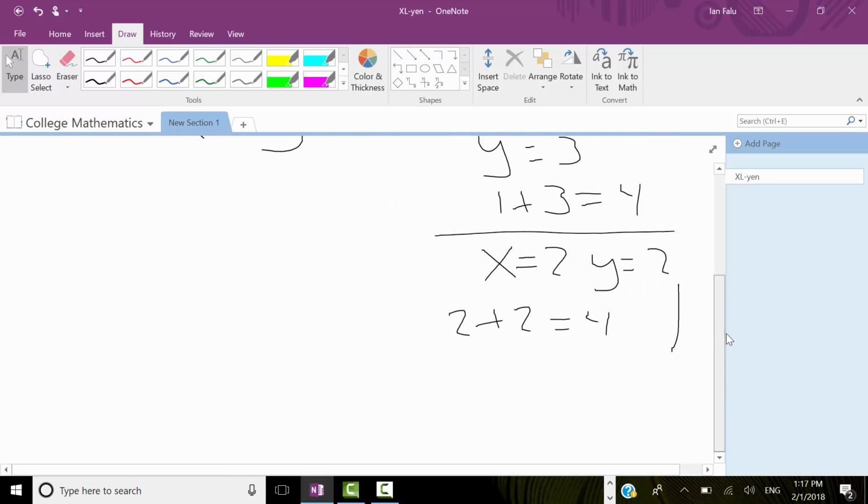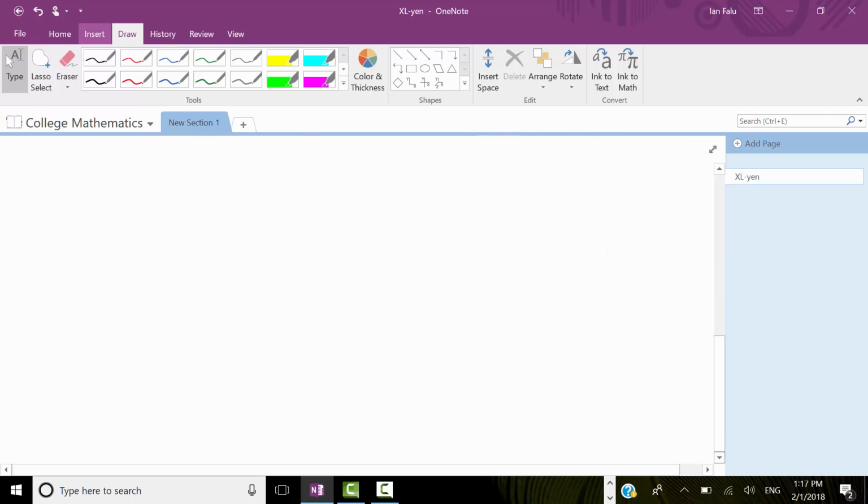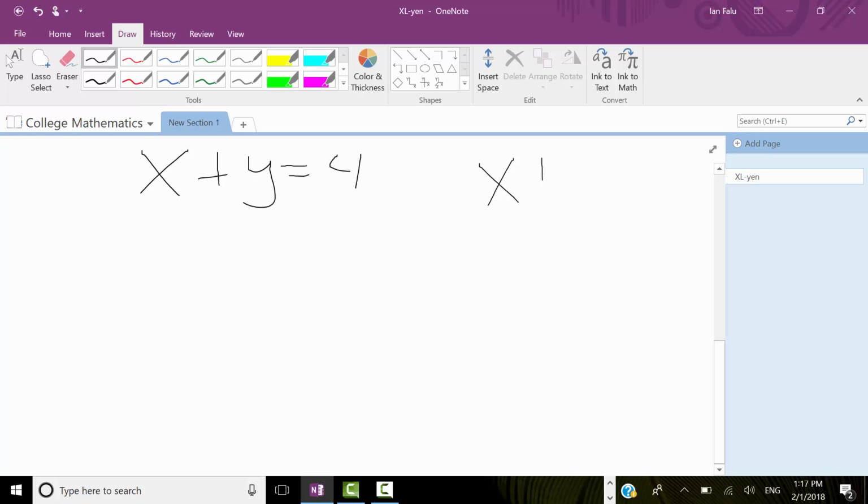and we know how to draw a graph, we have two options. For example, by using the intercept method, I'm going to put here, again, x plus y equal to 4, right? So if I do an x and y table, and if I say that x is equal to 0, that means that y is equal to 4, and vice versa.